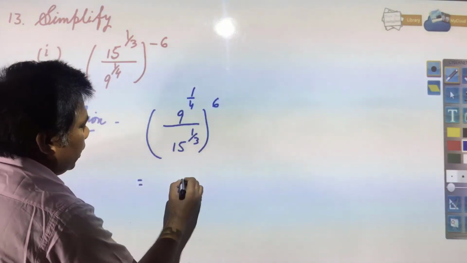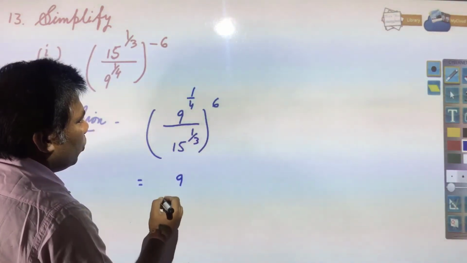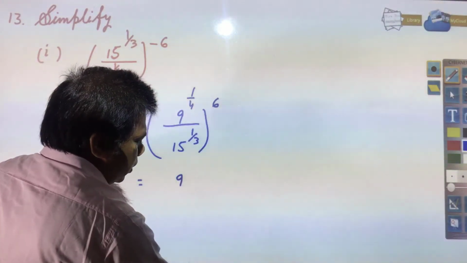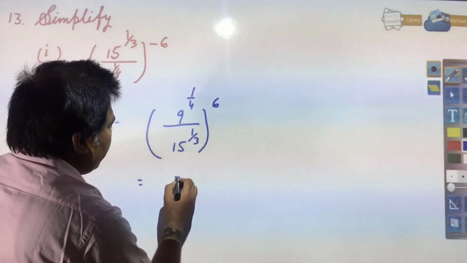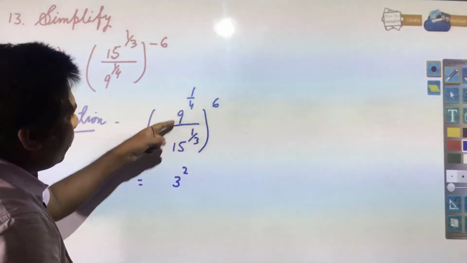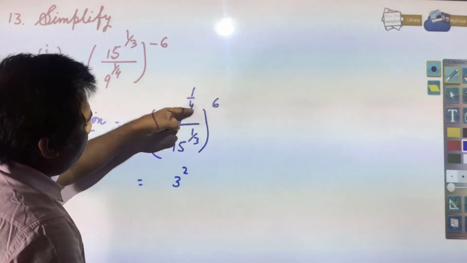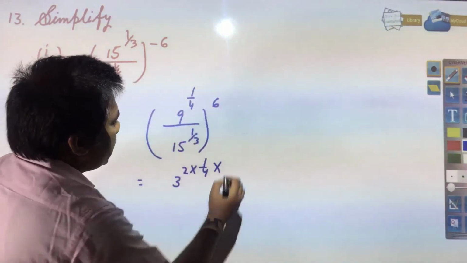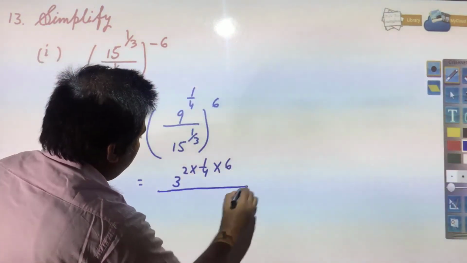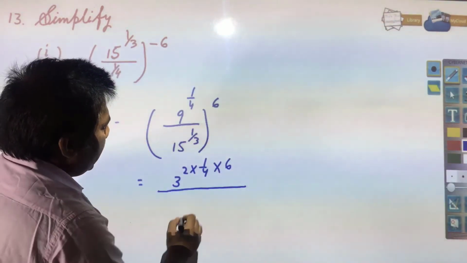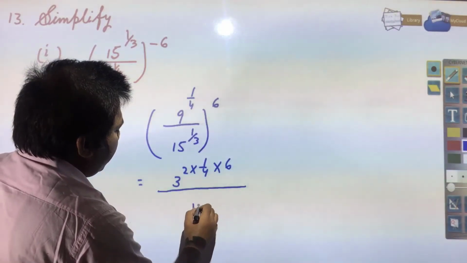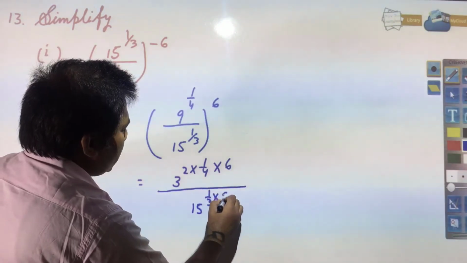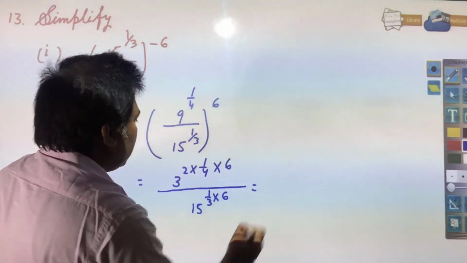Now, this will be 9 to the power 1 by 4, or you can write 9 as 3 to the power 2, into 1 by 4 and into 6, divided by 15 to the power 1 by 3 into 6, and this you will get.